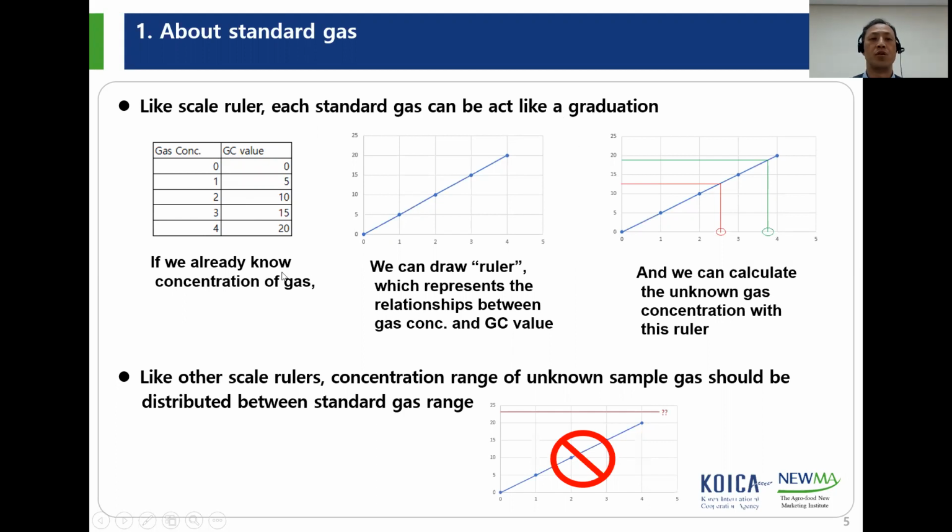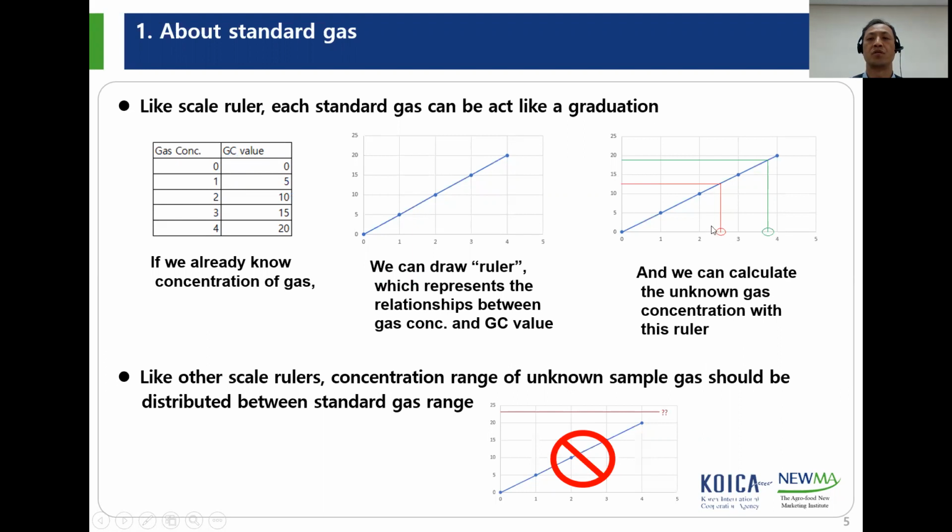If we already know the concentration of a gas, we can assess the GC value with gas chromatography. We can draw a ruler which represents the relationship between gas concentration and the GC value, and we can calculate the unknown gas concentration with this ruler.